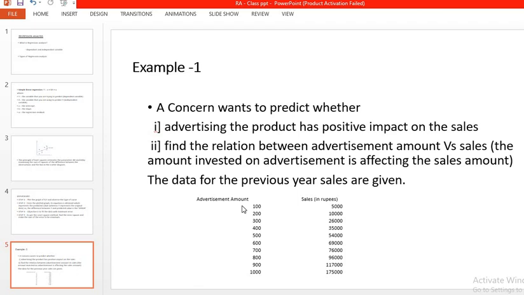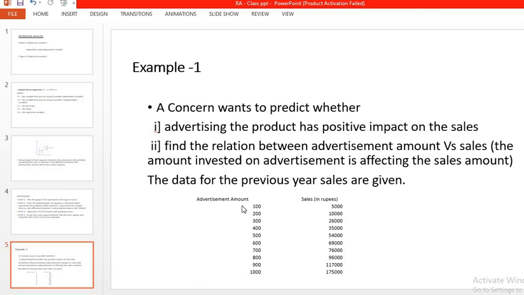Now if we see the advertisement amount, it doesn't depend upon anything. It's just our own interest how much amount we are spending to advertise our product, right? But the sales, on the other hand, is not an independent variable, because the sales depends upon the advertisement, right?